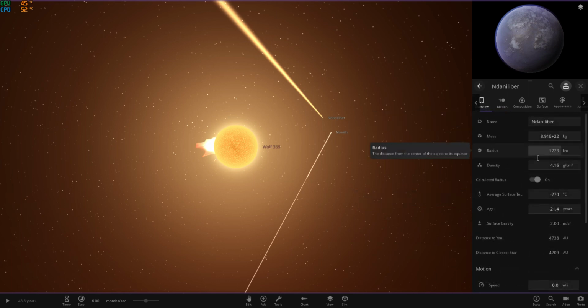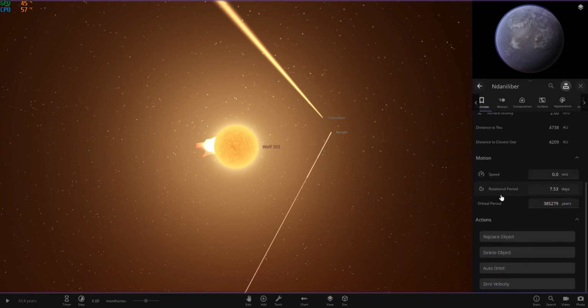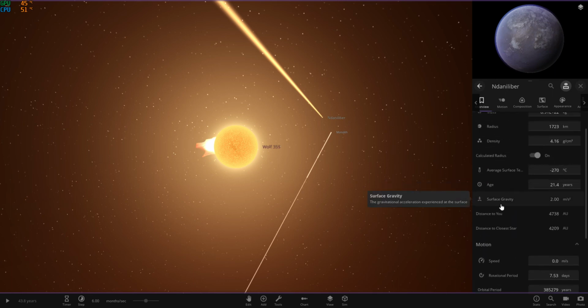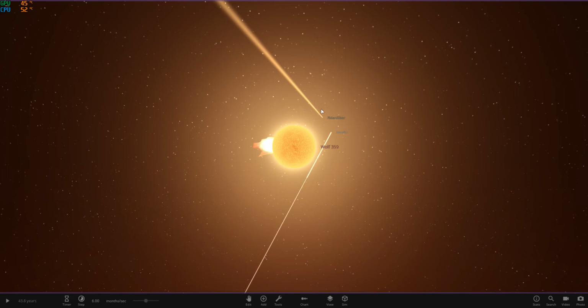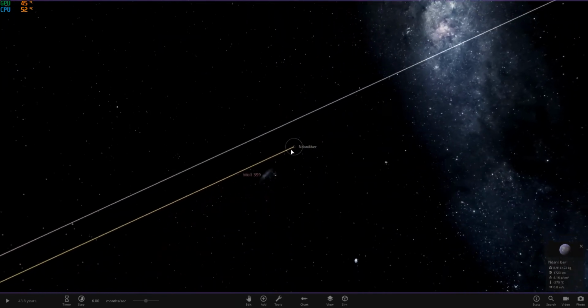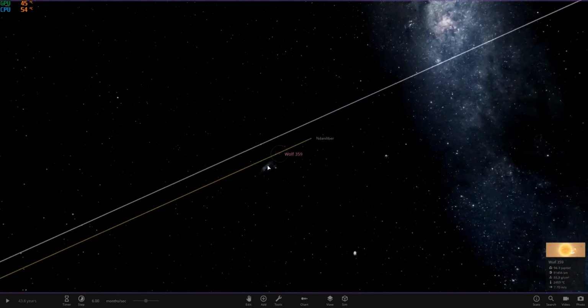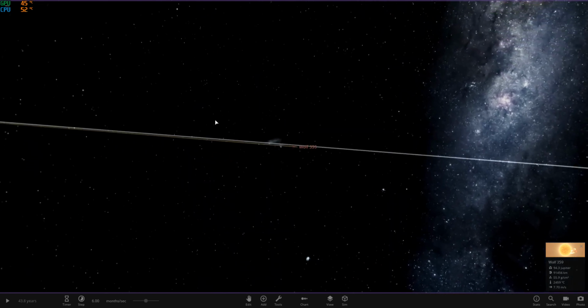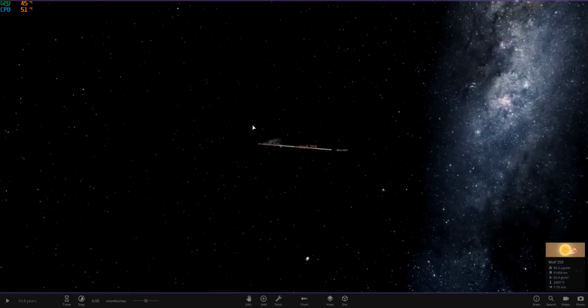It was quite distant. It's 4,000 AU. But that doesn't matter, because now it's paused. And now colony ships can reach this new planet.